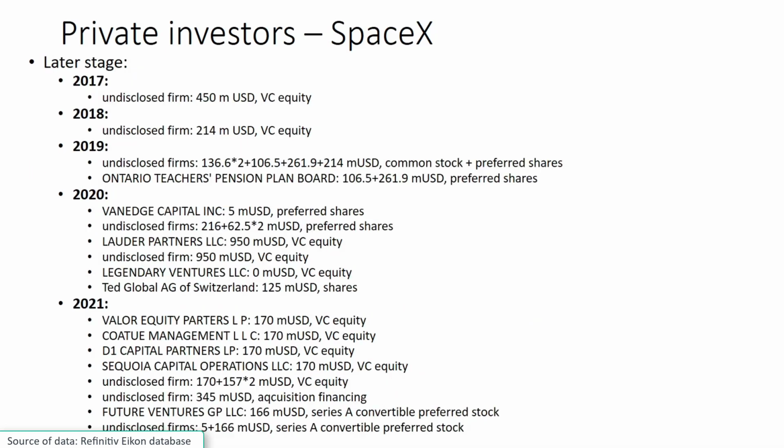And after that we can see that the scale of funding dramatically increased. There is a cute one because Vantage Capital invested $5 million US, while all the others are in several hundreds of millions. But still we can see that venture capital equity or preferred shares or sometimes common stocks are here, but mostly preferred shares are still popular among the investors.